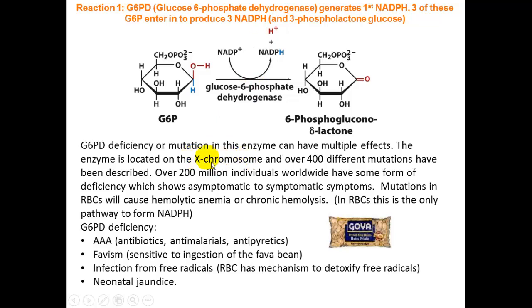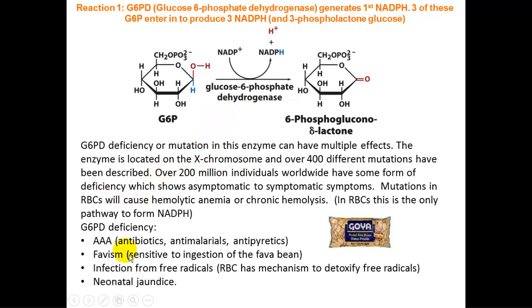The enzyme is also linked on the X chromosome, so females actually have 2 chances of getting the right copy of the gene. Males, which are XY, have only 1 chance to get the right form of the gene on their X chromosome.